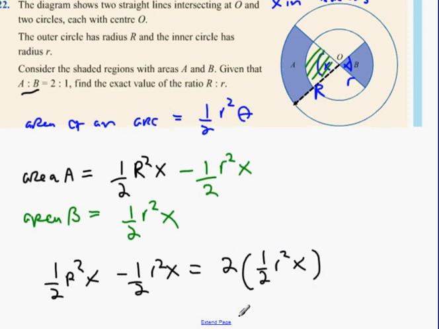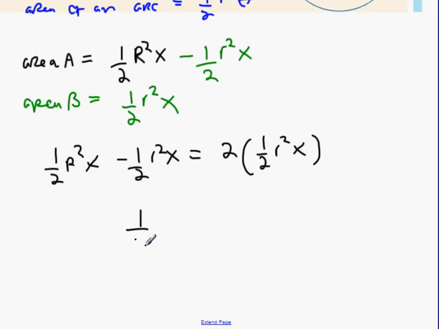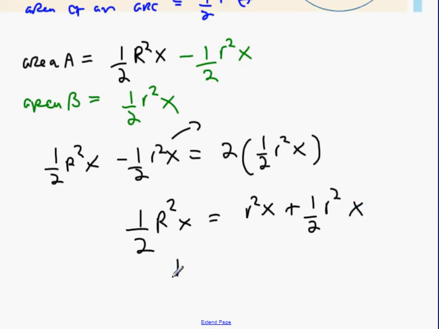And multiply that out. We're then going to find that a half big R squared x is equal to small r squared x, and we're going to move that over, so plus a half small r squared x. So a half R squared, we can cross off all the x's, is equal to 3 over 2 small r squared.